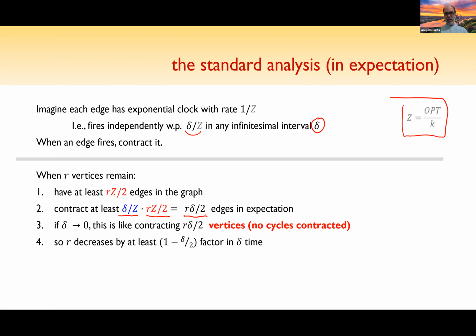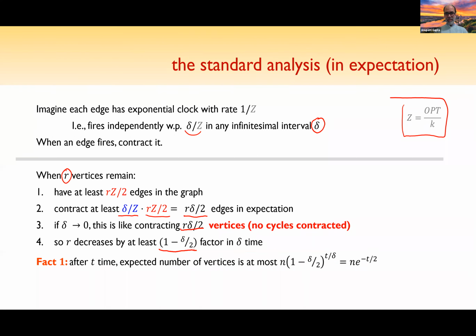So the number of vertices was R, and it's decreasing by this much. So the new number of vertices has decreased by this factor. After t time, the expected number of vertices is, I started off with n, and I decrease by this much in time delta. At time t, I have had so many epochs, and so the number of vertices looks like this. It starts off at n and drops exponentially.